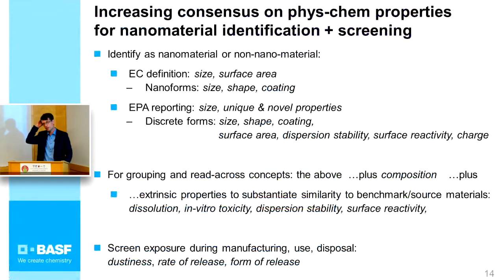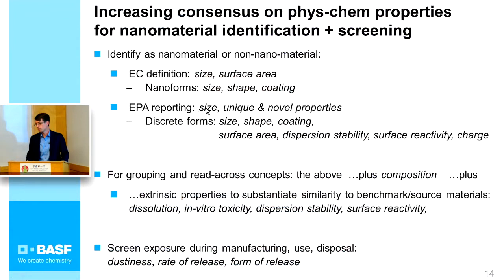So just to summarize how different organizations, specifically ECHA and EPA, use different properties for identification and grouping of materials. We have in the European definition size and surface area, and then additionally for the nanoforms size, shape, and coding.